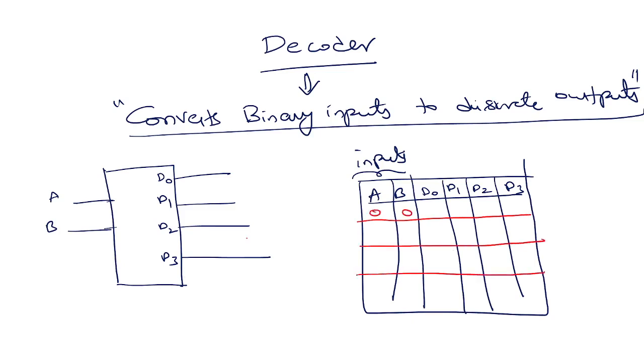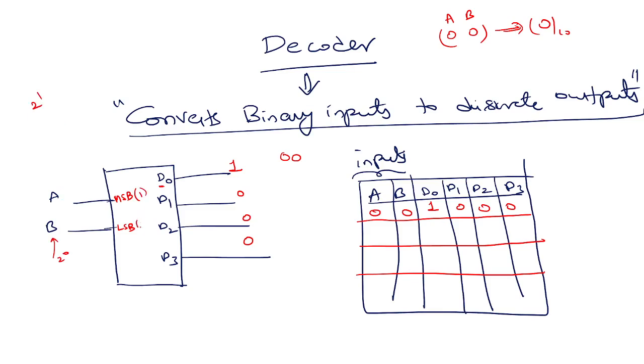If AB is 0, 0, what is the decimal equivalent of 0, 0? If I consider A as MSB and B as LSB, the decimal equivalent is 0, base 10, right? So this particular output will be 1, remaining will be zeros. D0 is 1, remaining will be 0. Here I should mention MSB, LSB. Otherwise, what is the weight of A? 2 power 1. That is the weight of A, and B is 2 power 0.